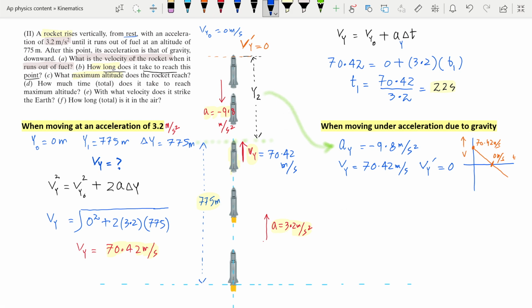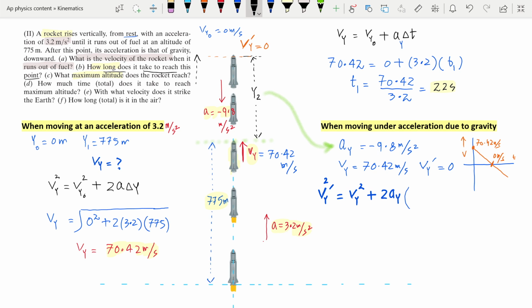So obviously we will once again apply this equation, but we will write it according to our symbols. That is, vy prime square, the final velocity, equals vy, the initial velocity, square, plus 2 ay, that is actually negative g, times delta y. And students, don't forget this delta y is the change in position. So let's say the maximum height is y3.